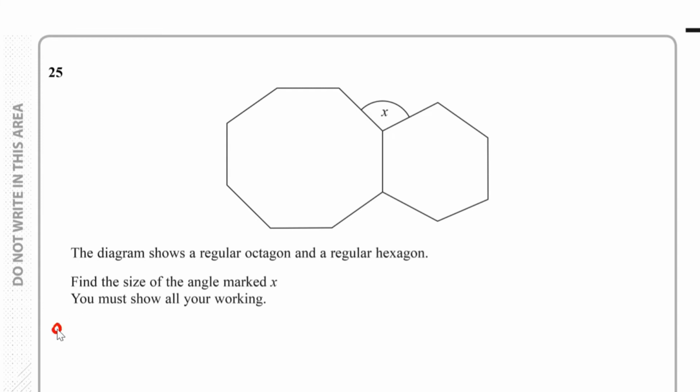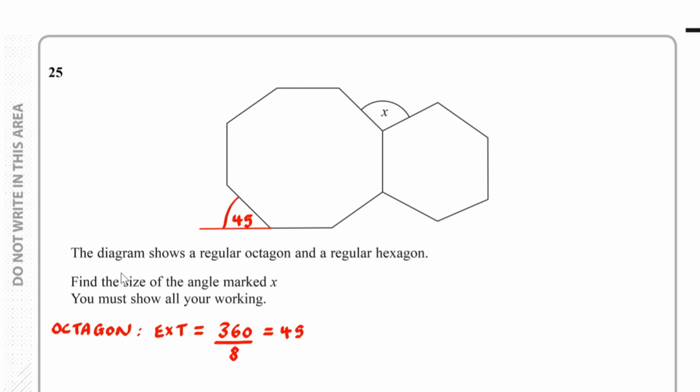So if I think about the octagon, then if I find the exterior angle, well, I would have to do 360 divided by 8, which is equal to 45. So if I show what that means, well, what it means is, if I extend one of the lines like so, this angle here then is 45 degrees.